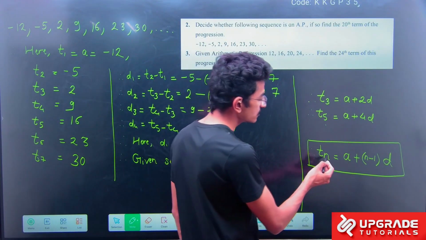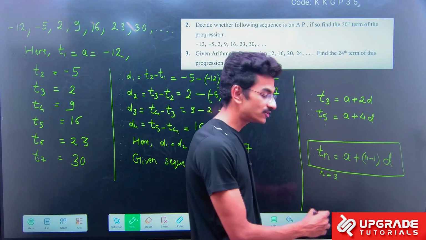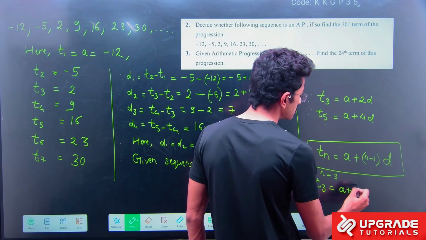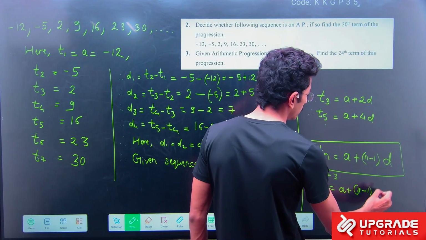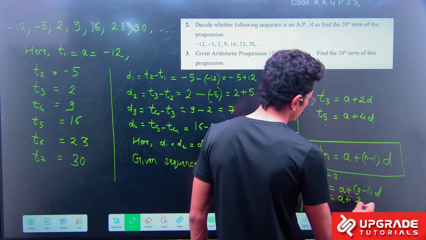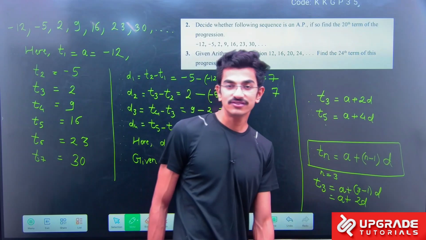Okay, we'll just substitute the value of n is equal to 3. For n is equal to 3, T3 is equal to A plus 3 minus 1 into D. What is 3 minus 1? It is nothing but 2D. Similarly, we got the value of T3.